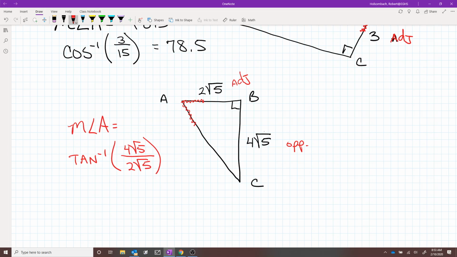What happens to the square root of 5s in a fraction if you have something over itself? Don't these just cancel out? They just cancel out. And you're left with 4 over 2. And you can simplify that as well if you want to. 4 over 2 simplifies to 2 over 1.